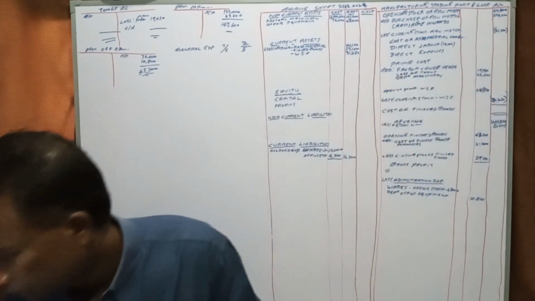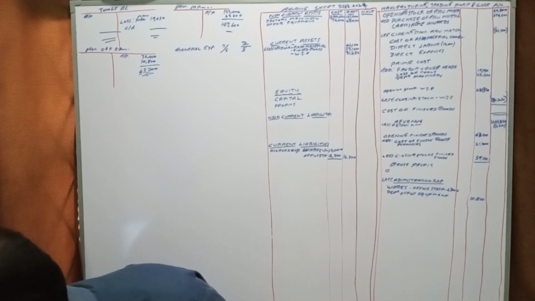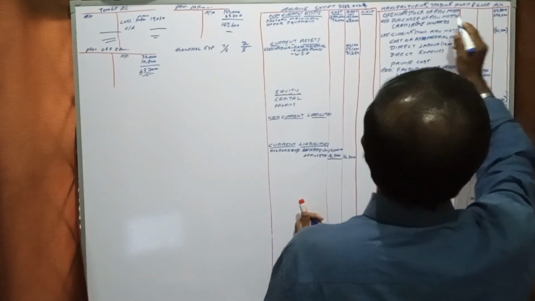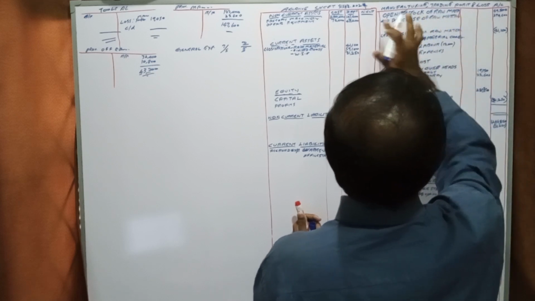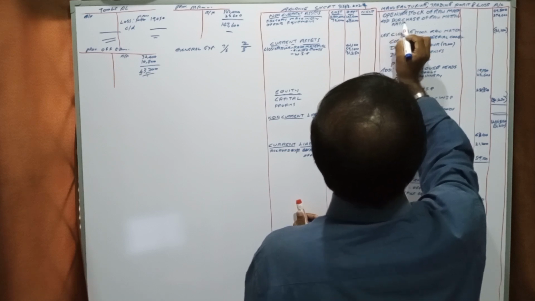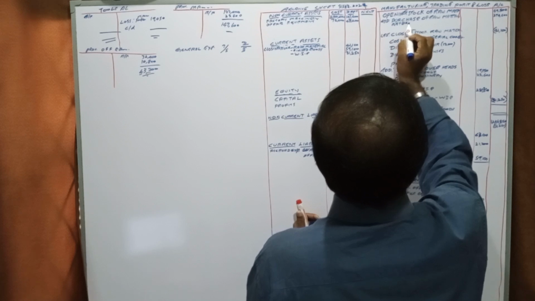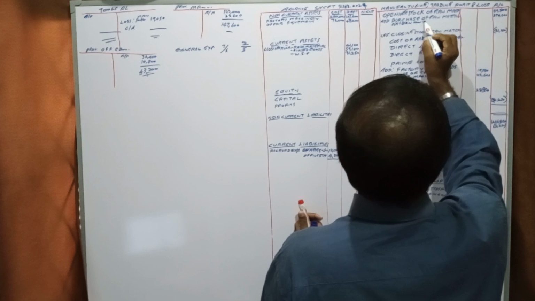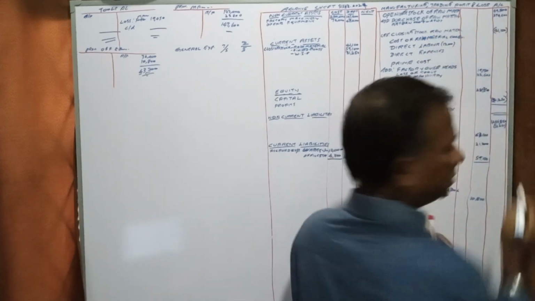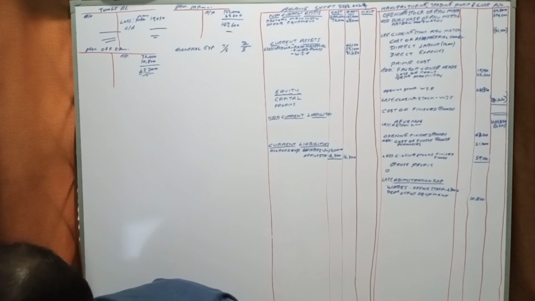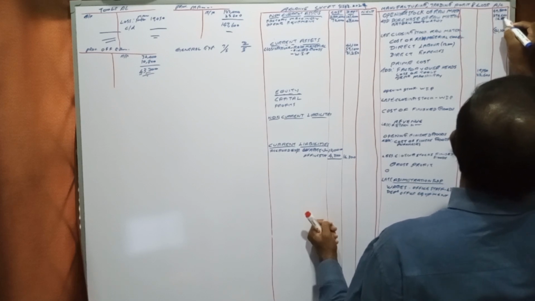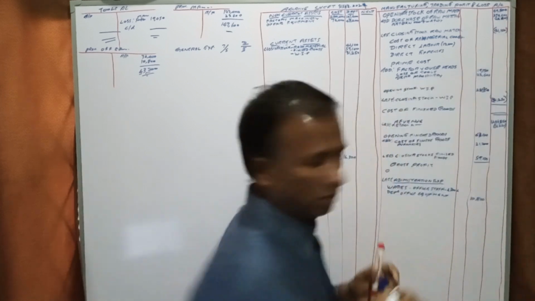And return of purchases of raw materials, return outwards, 16,400.